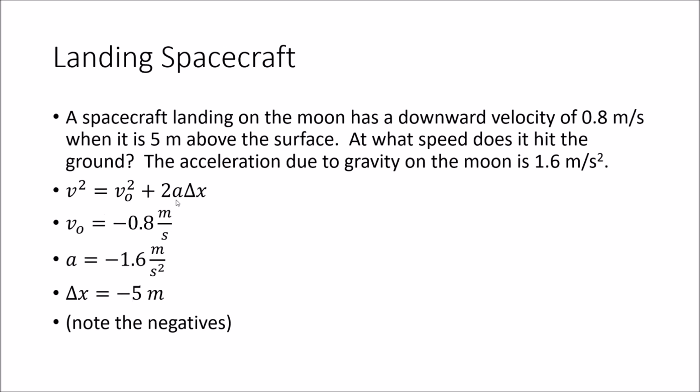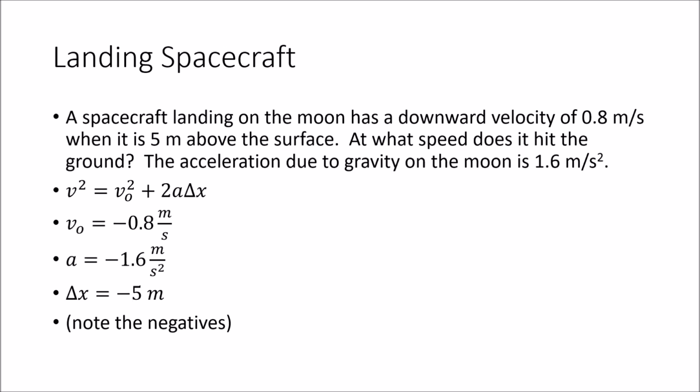So plug in the negative 1.6 meters per second squared there, because gravity pulls down on any planet, or moon in this case. And our change in position, now this is one thing that does bug a lot of people. Our change in position is also a negative amount because we are going down to the moon.